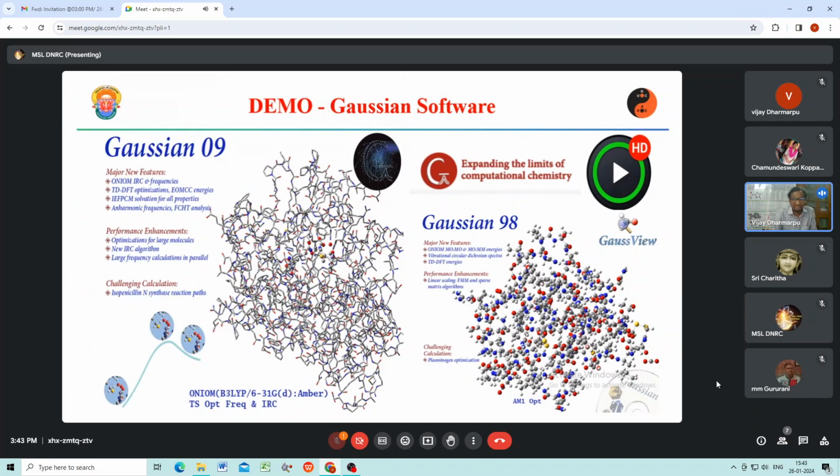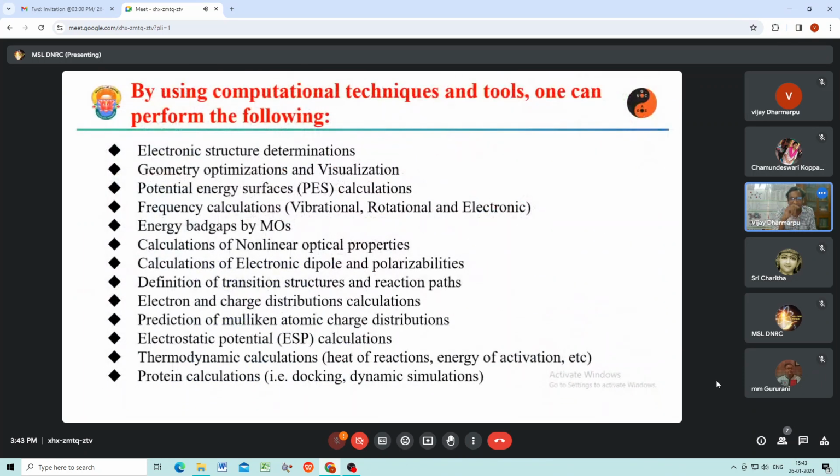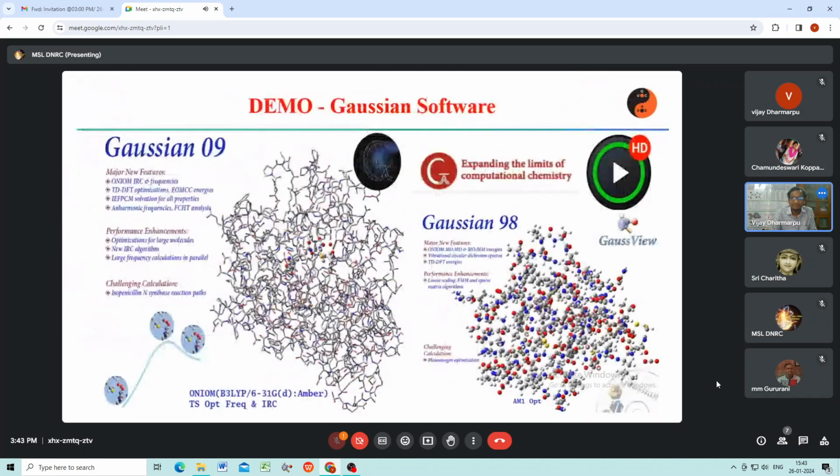All the previous slide concepts, like electronic structure determination, geometry optimization, visualization, potential energy surface, frequency calculations, vibrational, rotational, electrical energy band gaps, calculations of nonlinear properties, and electronic dipole moments, I have done with Gaussian.